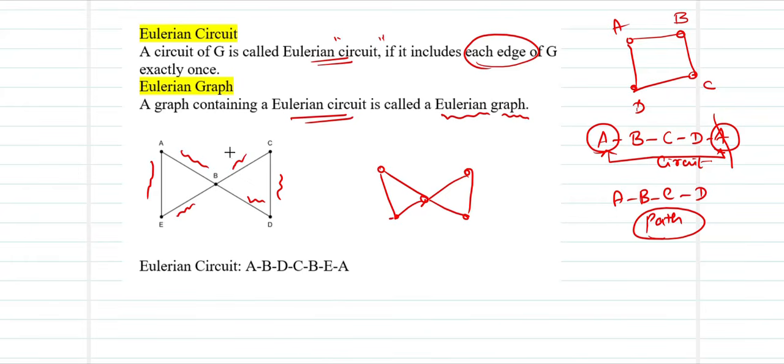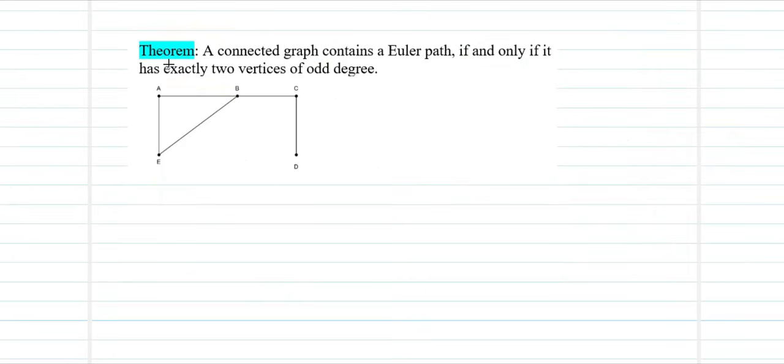And this graph that contains the Eulerian circuit is referred to as an Eulerian graph.